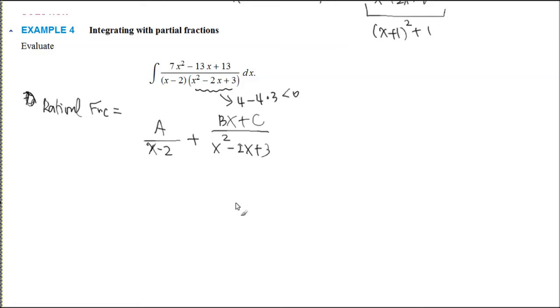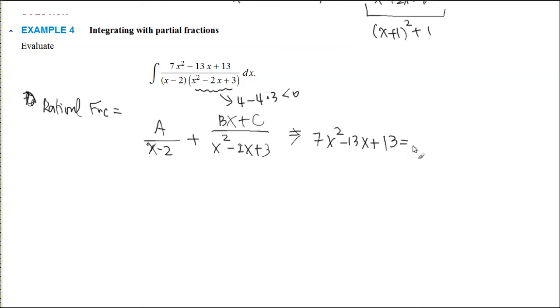All right? So what do we do? You multiply by the denominator to get back to its own shape. So what's on the left-hand side, the numerator? 7x squared minus 13x plus 13, right? That's the left-hand side numerator. Right-hand side, let's think about it.